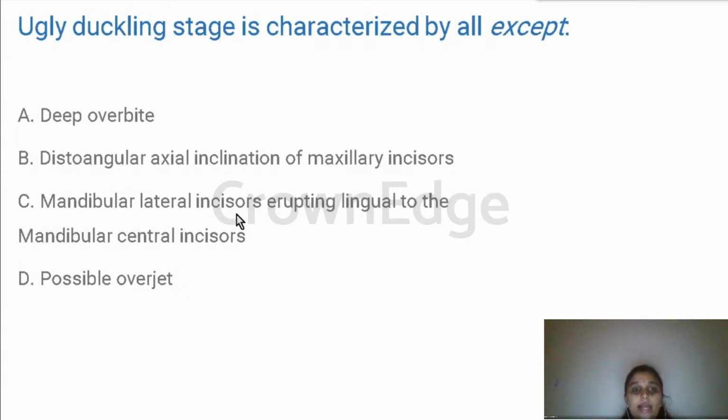So you do see a distoangular inclination of your maxillary incisors, that is your ugly duckling stage. You do see a possible overjet and a deep overbite. What you do not see is the mandibular lateral incisors erupting lingual to the mandibular central incisors, because ugly duckling stage is something that takes place in the maxillary arch. Okay, and we're talking here about your mandibular incisors and your central incisors. So C is the right answer.